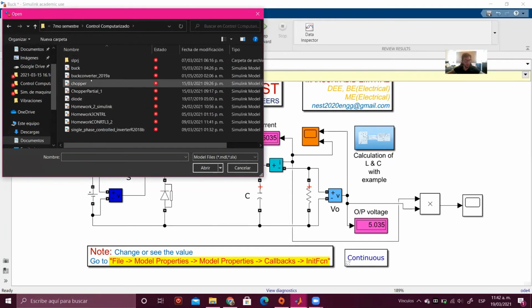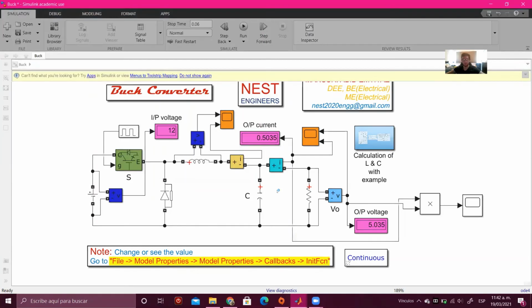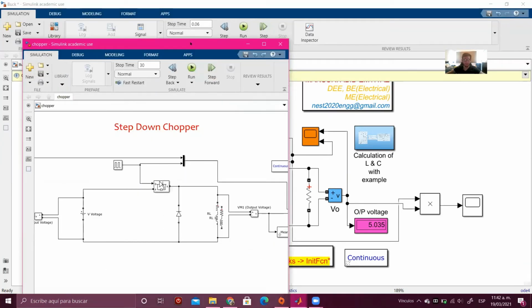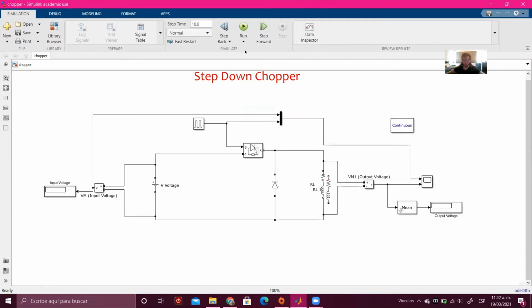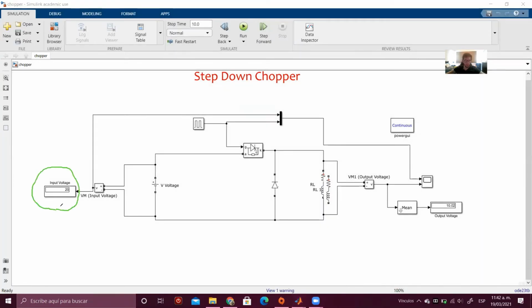Really fast, we're going to open the chopper. Okay, done. So here, the chopper. If we run the simulation, we're going to see that the input voltage is about 20 volts and the output voltage is 10 volts.